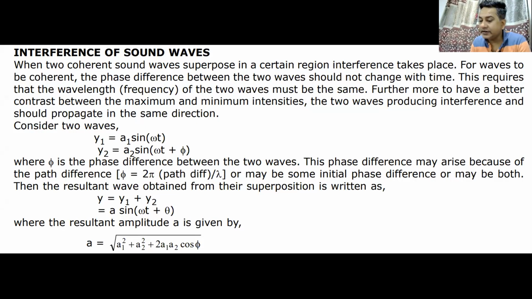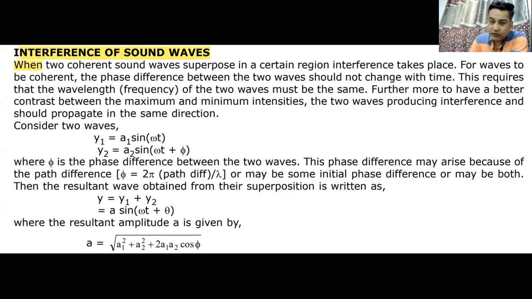Well, let us move ahead to the next topic. This next topic has been dealt with in great detail in the lecture on transverse waves, and before that in wave optics, so I'll request you to go back to the previous topics for a quick revision. What is interference of sound waves?